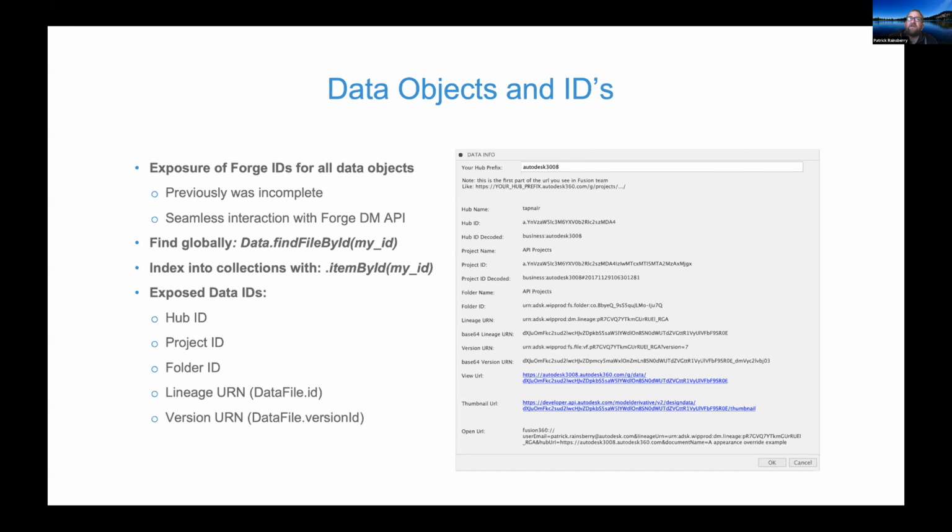Before, that was so challenging that the recommended workflow a lot of times was to have some exported F3Ds in your application directory. Now if you have the lineage ID in the user's hub, then from data, find file by ID, you can just pass in that lineage ID, the data file ID, which is the Forge lineage URN, and then you can immediately index to that data file.